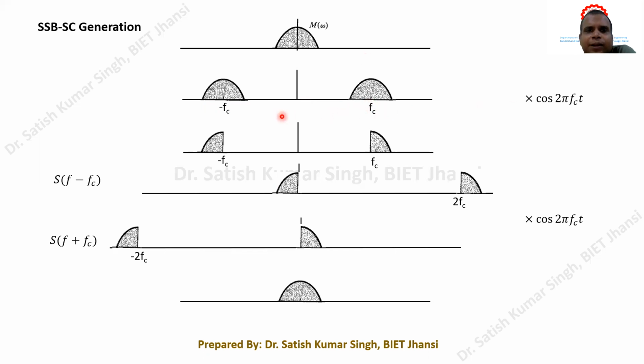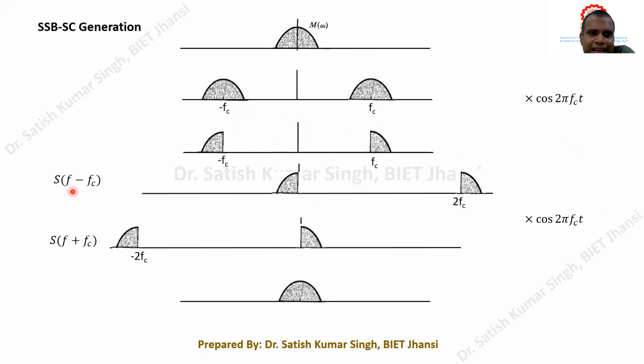Now, one of the sidebands is eliminated here, and then again we have to multiply while doing the demodulation process. We have to multiply this particular spectrum with cos 2 pi FCT. So once we multiply, there will be a shift of this particular modulated signal.